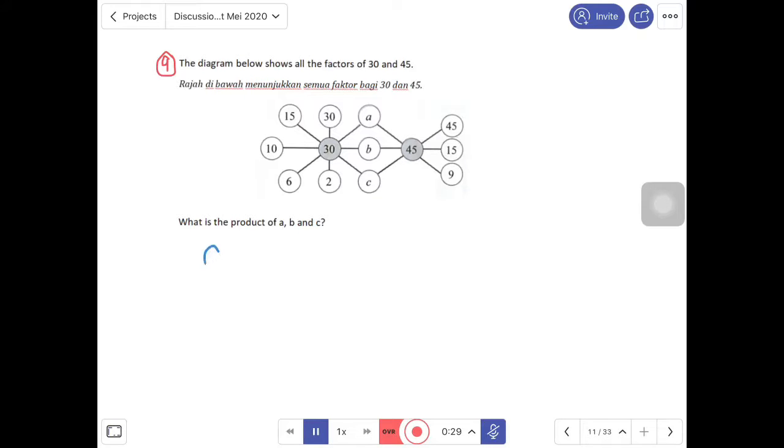So A is 1, B equals to 3, and C equals to 5. It doesn't matter if you make A equals to 3 or B equals to 5 and C equals to 1. It's okay.